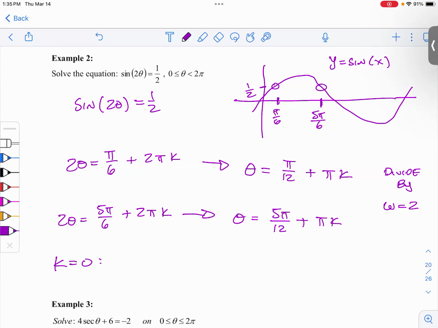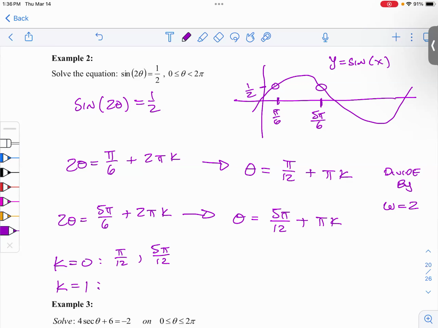Plug that in. So theta equals pi over 12 plus pi times 0, and this whole thing becomes pi over 12. Same thing, 5 pi over 12 plus pi times 0 becomes 5 pi over 12. So the 0 one is the best one. It gives me 2 solutions, pi over 12 and 5 pi over 12.